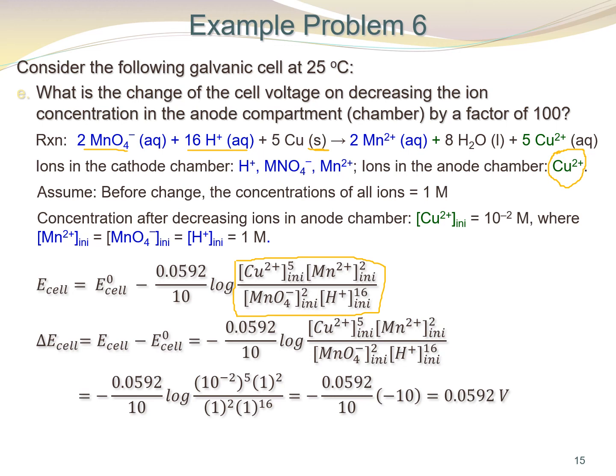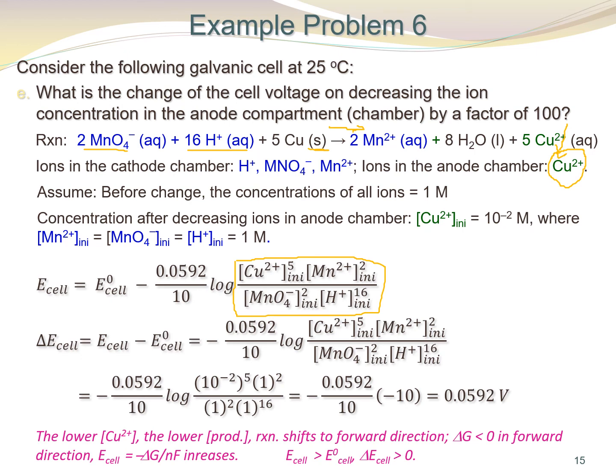Actually, by decreasing the concentration of copper 2+, the voltage increases a bit. What does that mean? From Le Chatelier's principle that we learned in chapter 15, if we decrease the concentration of copper 2+, which is the product, equilibrium shifts to the forward direction. If equilibrium shifts to the forward direction, that means the forward delta G is less than 0.